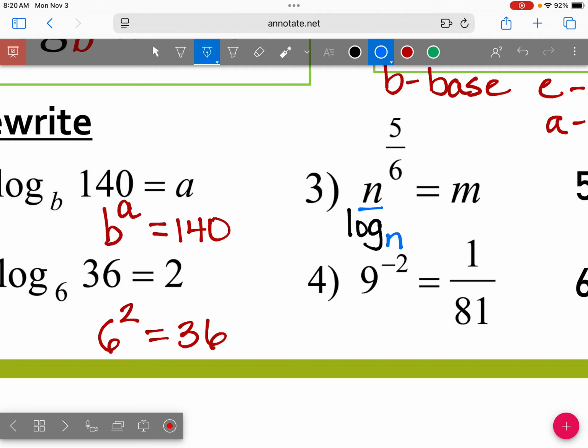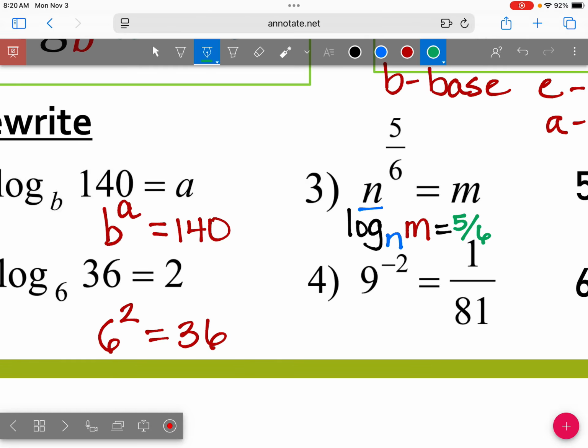The next thing that's going to come is the answer, which is after the equal sign, which would be m. And that's going to equal E, which is your exponent. So the log base n of m equals 5/6. That's how you would write that as a log statement.